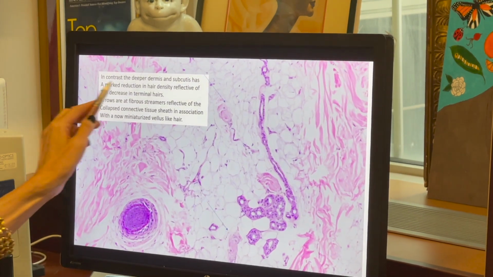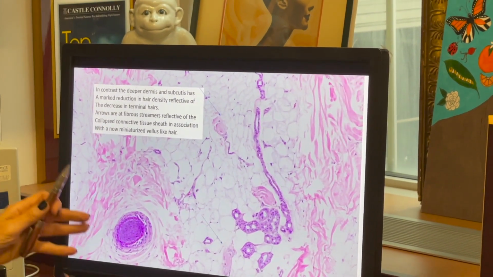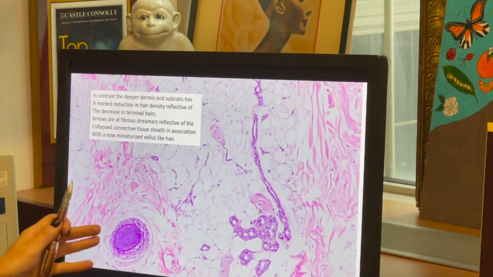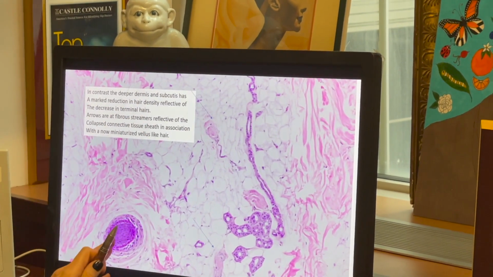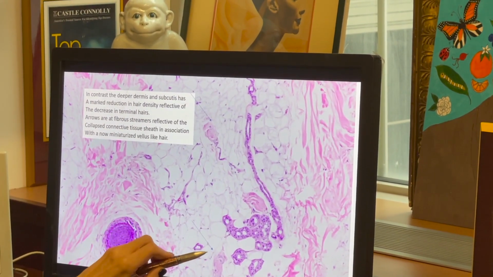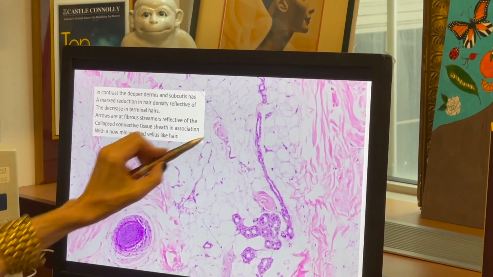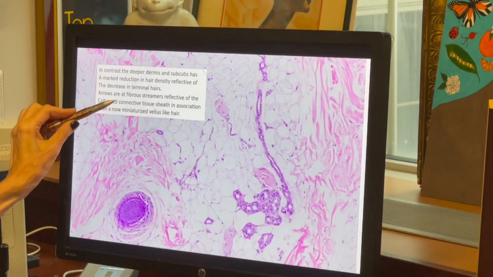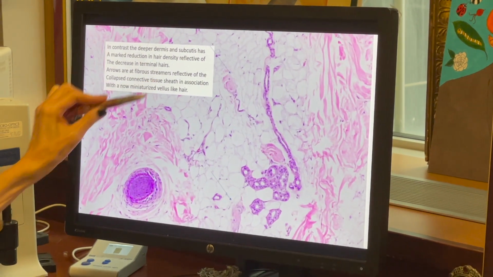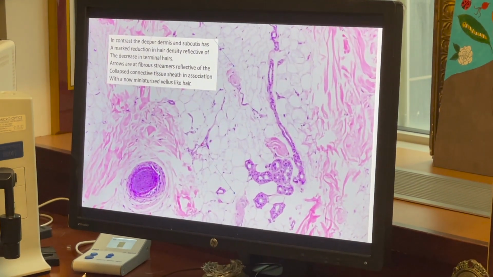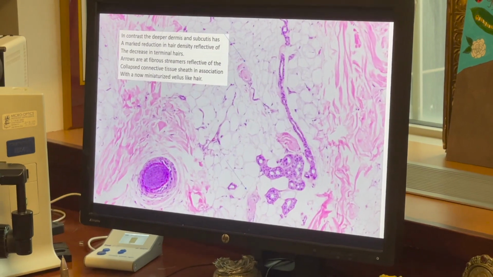And in the deeper dermis and subcutis, there is a marked reduction in hair density, which is due to a decrease in terminal hairs. The arrows are pointing at fibrous streamers, which reflect the collapsed connective tissue sheath in association with the now miniaturized vellus type hair.